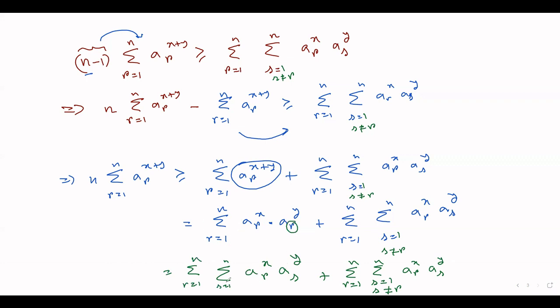I introduced two sigma notations where S runs from 1 up to N, R runs from 1 up to N. I cannot do that, of course.